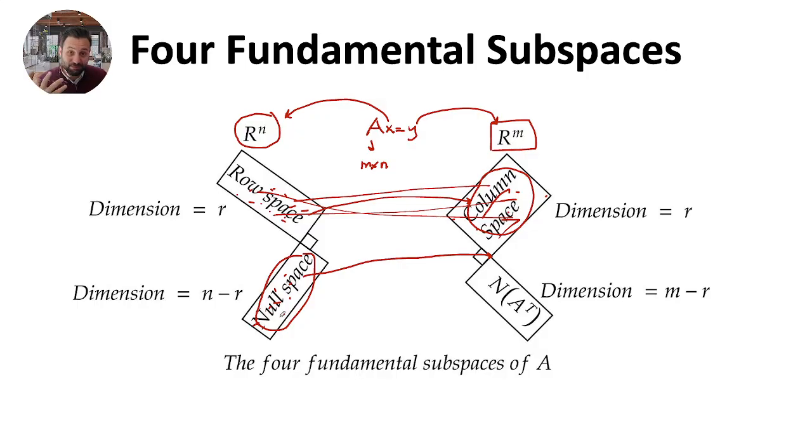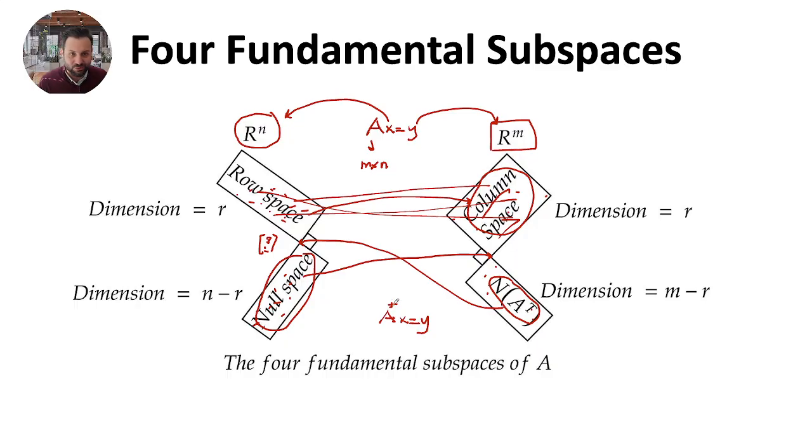And notice how the null space is a subspace of the domain, the source vector space, and there's a left null space, which is the null space of A transpose, meaning all the vectors that live in the target that go to 0 in R to the n, like n zeros in the source, when you do A transpose x equals y.